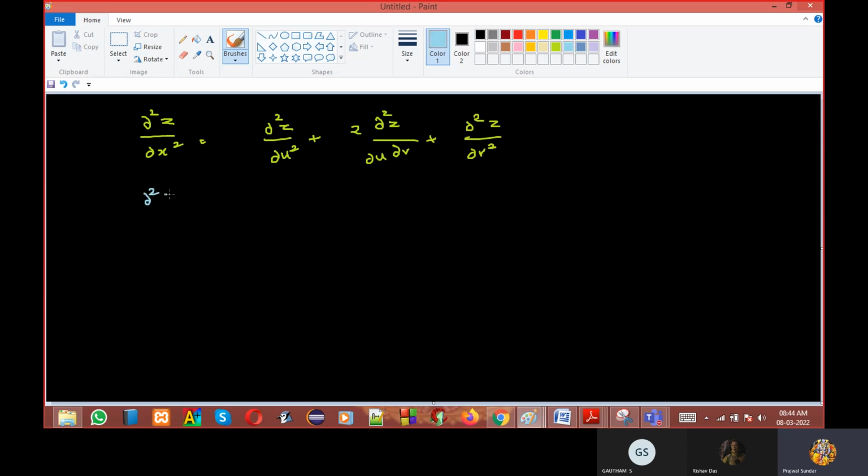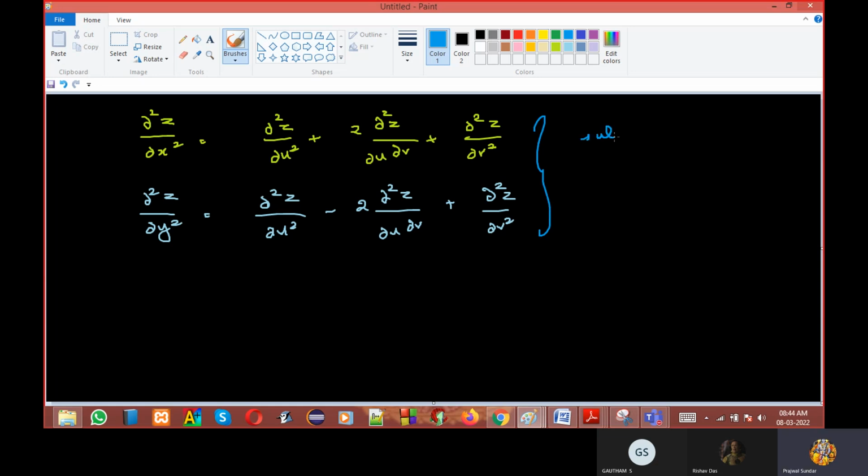Another equation I'm getting: ∂²z/∂y² equal to ∂²z/∂u² minus 2 times ∂²z/∂u∂v plus ∂²z/∂v². Now I'll just subtract these equations. What I'll get is ∂²z/∂x² minus ∂²z/∂y² equal to what? Equal to 4 ∂²z/∂u∂v.